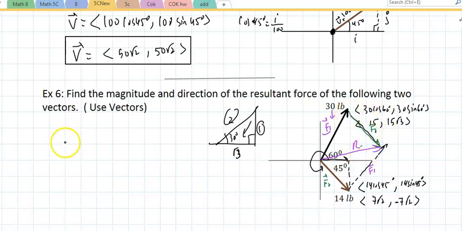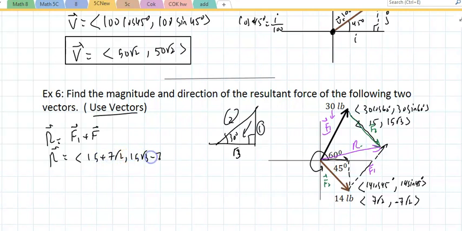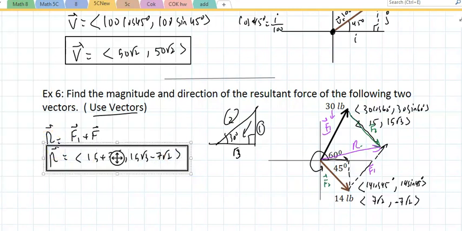Right? Wouldn't you say the resultant is simply f1 plus f2? That's what it means by these vectors. So the resultant will be 15 plus 7 radical 2 and 15 radical 3 minus 7 radical 2. That will pretty much explain the resulting force out of those two vectors.